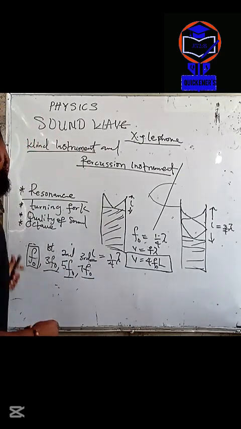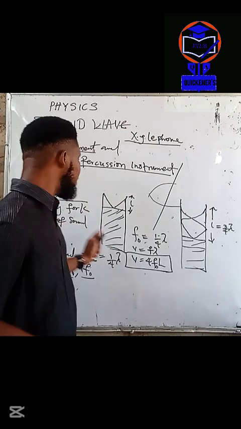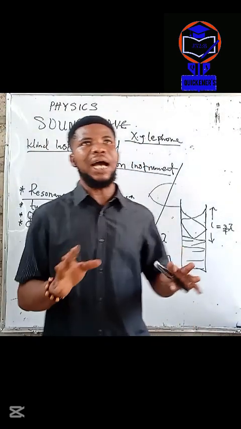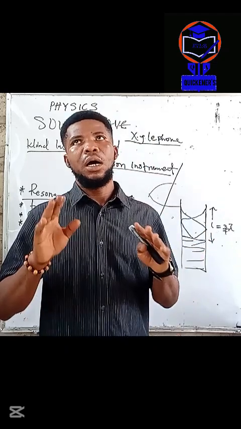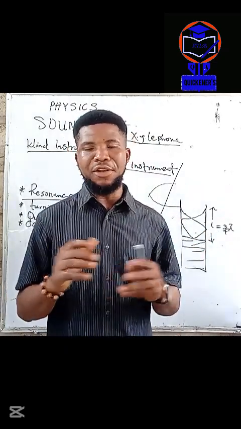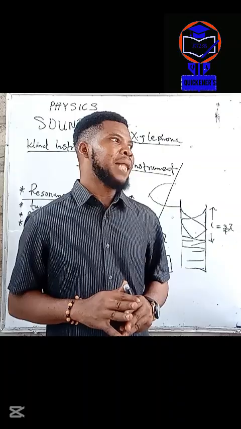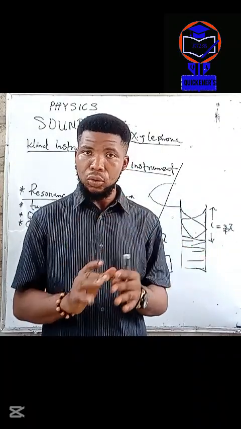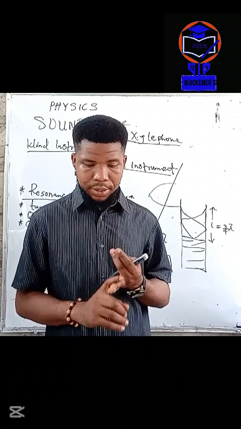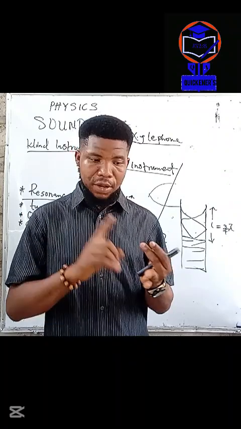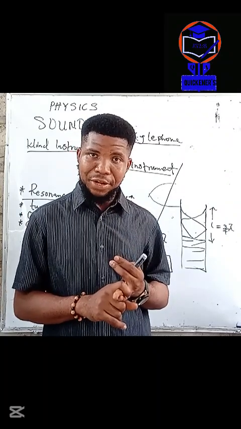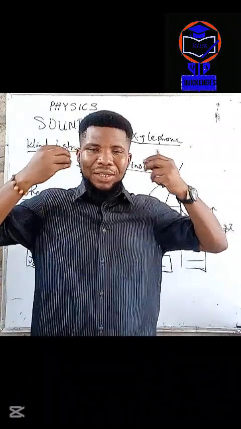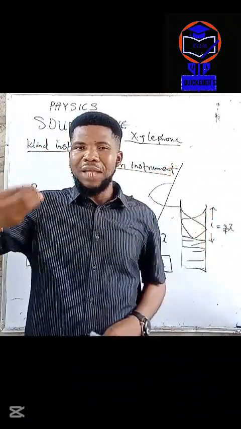So the next thing is what we call quality of sound. Now, what is the quality of sound? It can best be understood when you look at different instruments. Different instruments can make the same note of the same frequency, but the quality or the nature of the sound will be different.